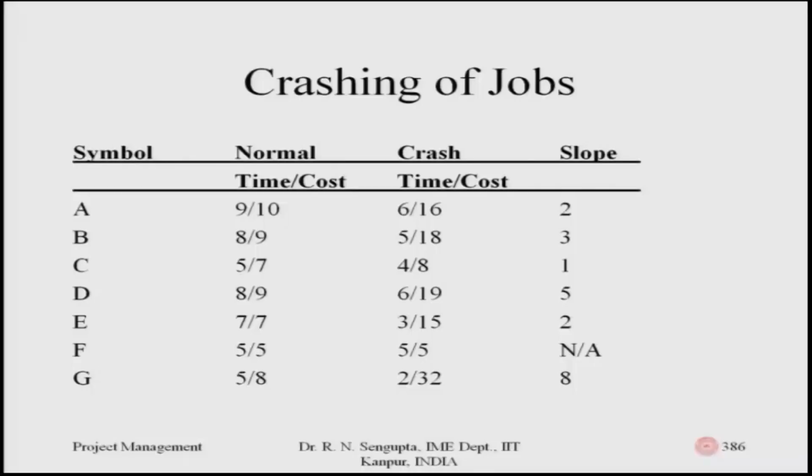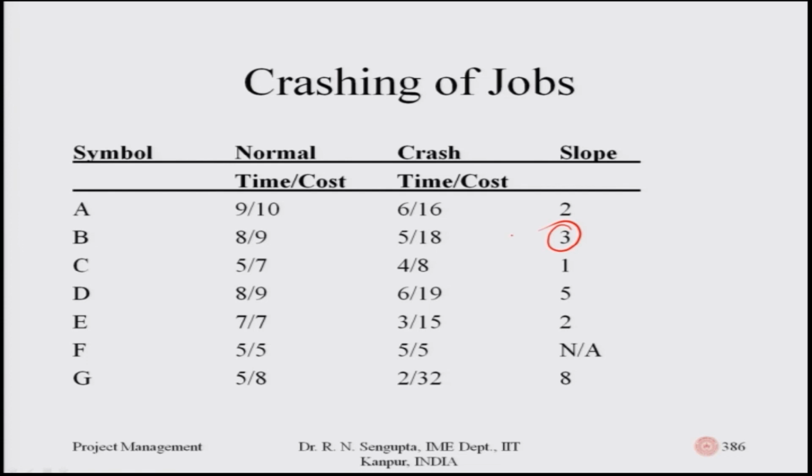Correspondingly, if I go to job B, it is 18 minus 9, which is 9, divided by 8 minus 5, which is 3. So 9 divided by 3 is 3. Let me highlight it. The number 3 here is the slope of that activity, cost versus reduction per day, for activity B on a standalone basis.